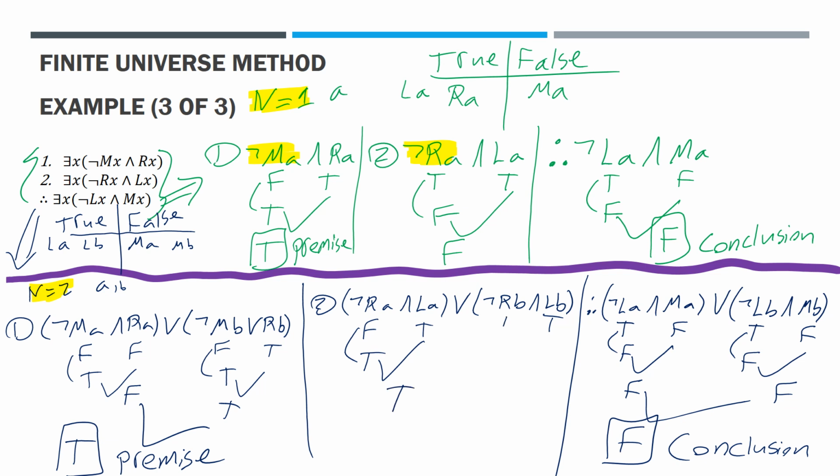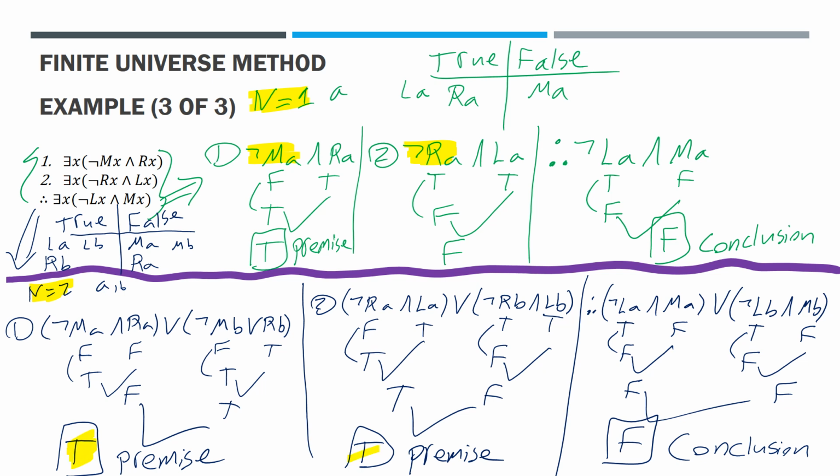If we say RB is true, that's being denied, so that's false. False and true is false, but true or false is true, so this is a true premise. And we said that RA is false, RB is true.